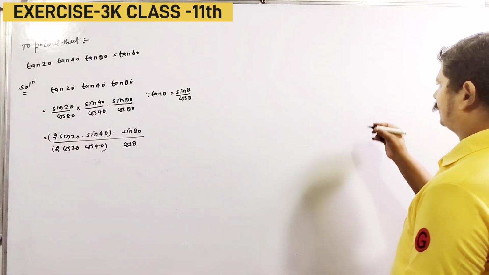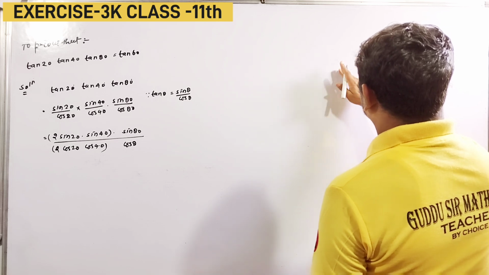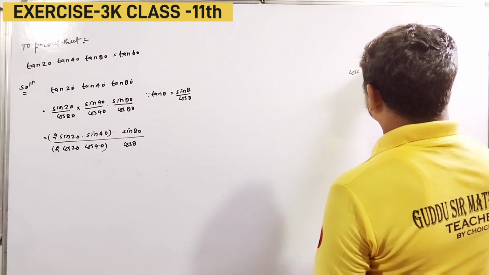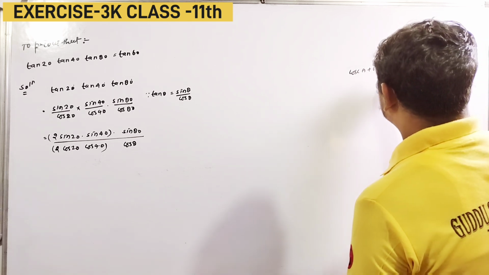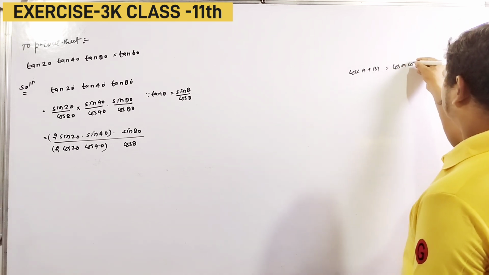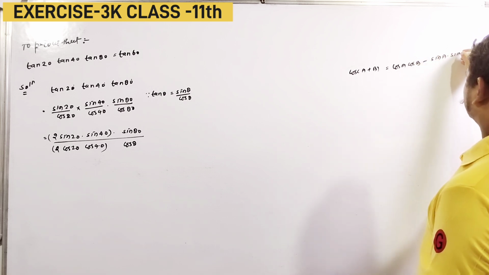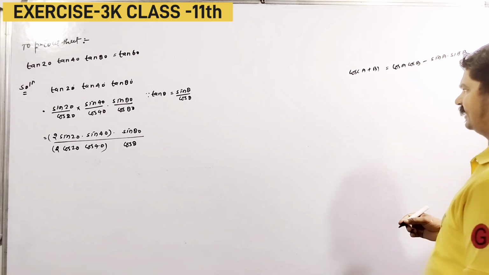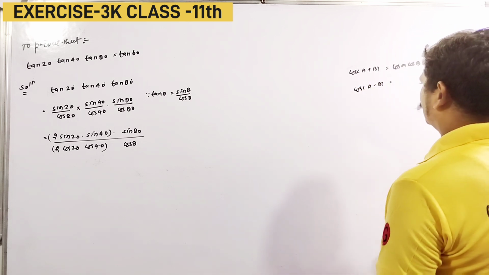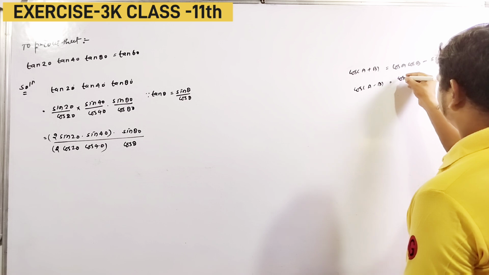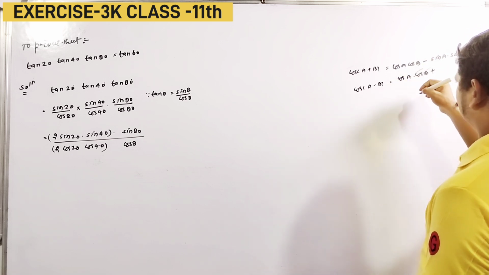One formula is cos A plus B. What is the formula of cos A plus B? It is equal to cos A cos B minus sine A into sine B, clear? You will write just like that. And if we talk about cos A minus B, it is cos A cos B, and here you will apply plus.